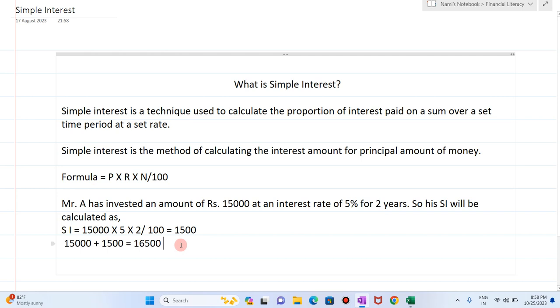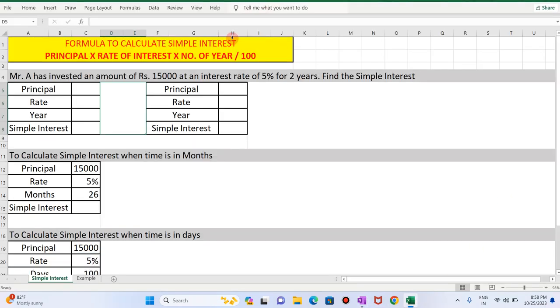Now we will calculate simple interest in Excel. To calculate simple interest in MS Excel, the formula is principal into rate of interest. By now you have understood what principal means.